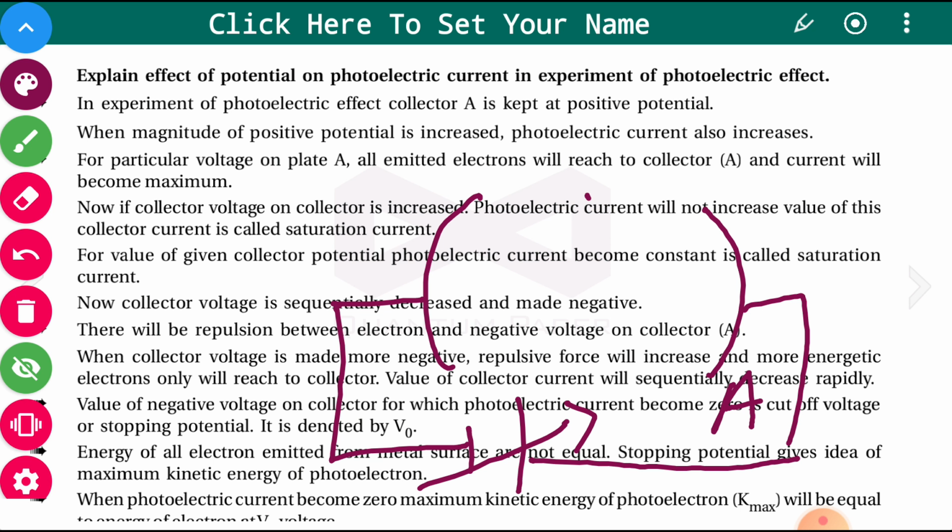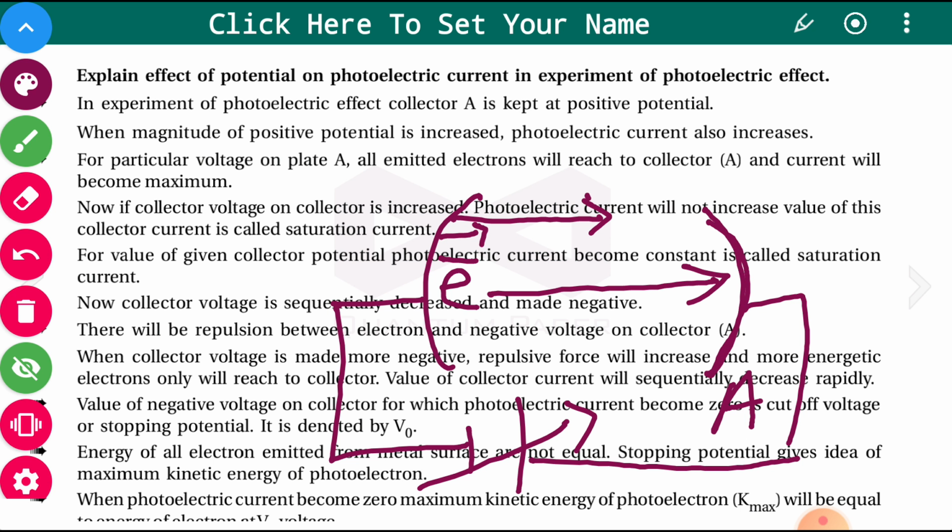Now that positive potential is say some particular value where the number of electrons which are emitted from the photosensitive surface, they all are reaching this collector. And when this particular phenomenon occurs, at that time whatever number of electrons which are emitted, they are reaching here.